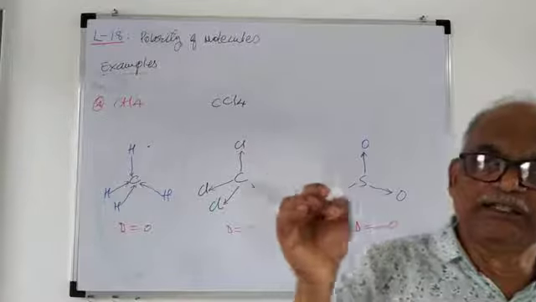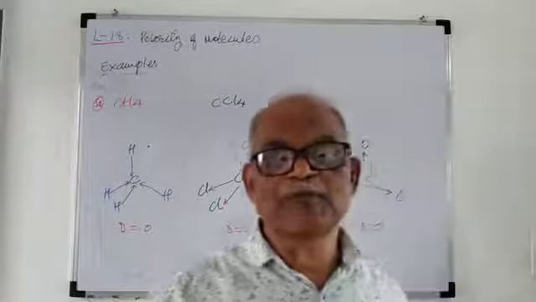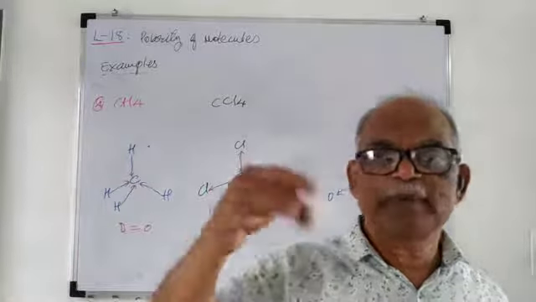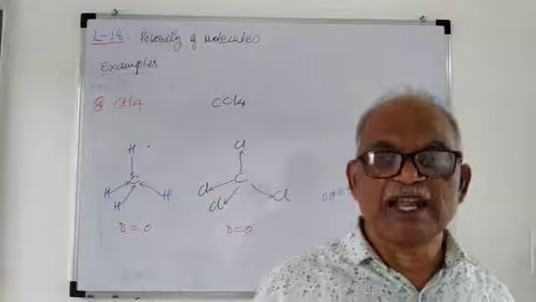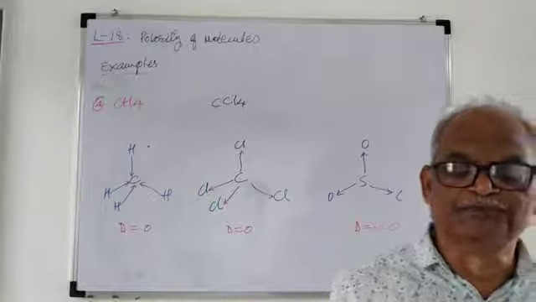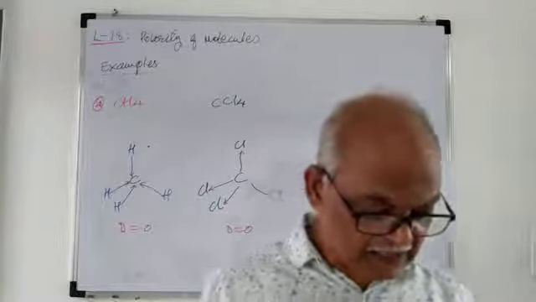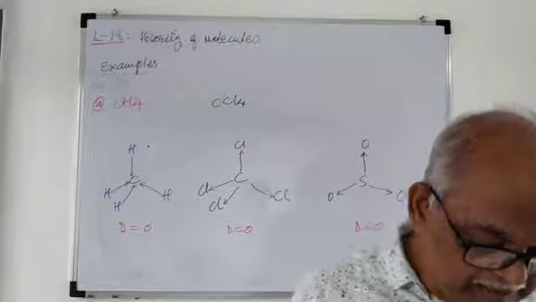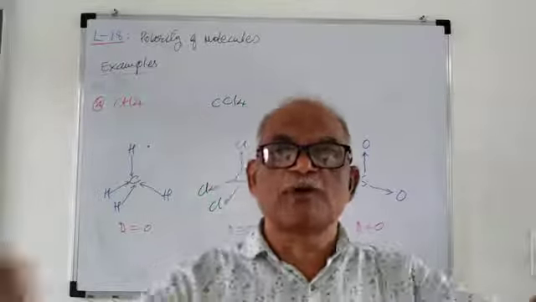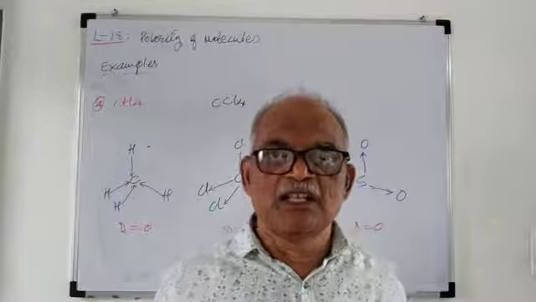The temporarily developed dipole moment attracts the electrons of neighboring molecules, and there is development of some attractive force. It causes an overall effect resulting in the attraction of all molecules.